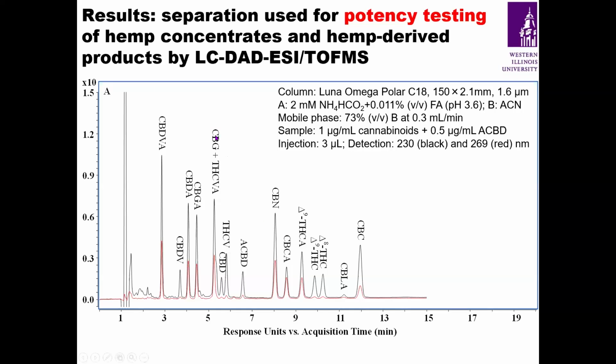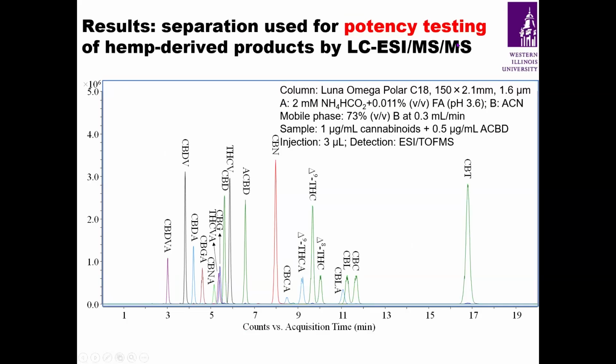However, there was a coelution here, coelution of CBG and THCV. It was noted that for concentrate and hemp-derived products, acidic cannabinoids were hardly found, especially low abundance acidic cannabinoids like THCVA. This one was hardly found even in hemp plant materials.